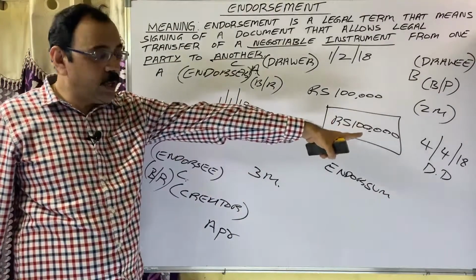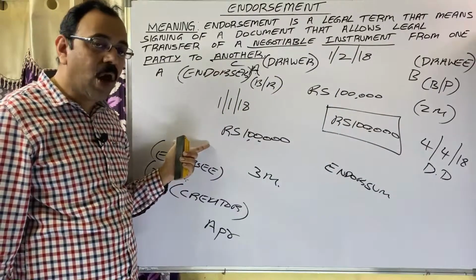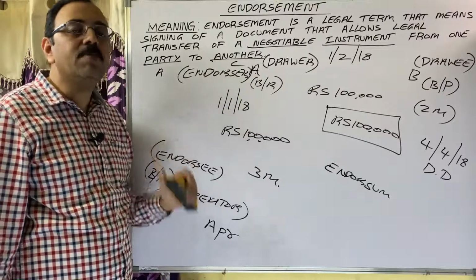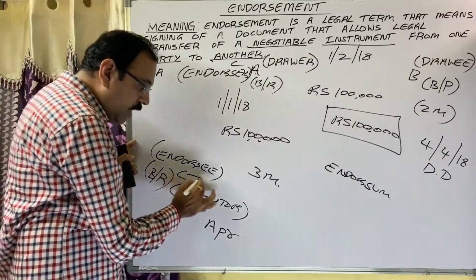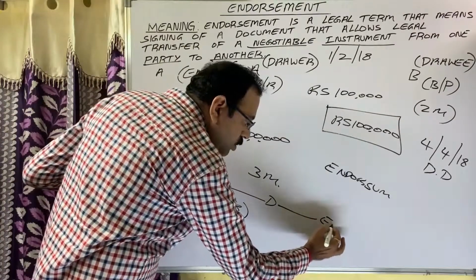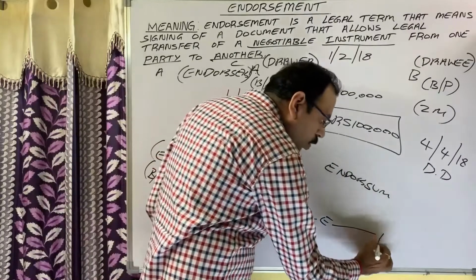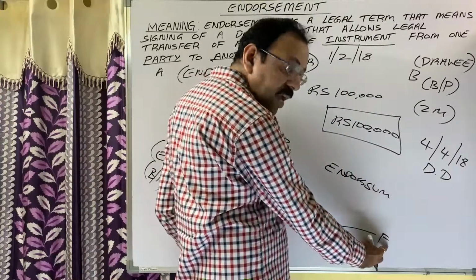So before the due date, any number of times a bill can be endorsed from one party to another party. So A endorsed to C, C can endorse the bill to D, D to E, E to F. Now on the due date, presume that the bill is with F.